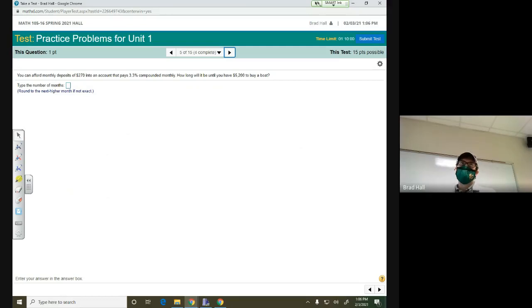Well, in the context of Math 105, yes. Somebody was saying something else. TVM solver? We're going to use the TVM solver. You might look at this and think, oh, it says compounded monthly. But that doesn't necessarily mean you're using compound interest here.